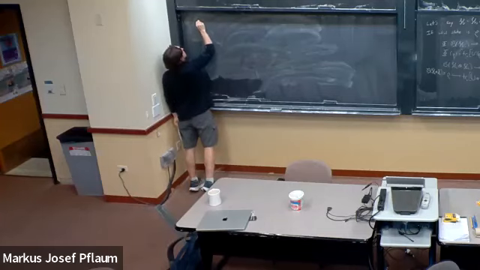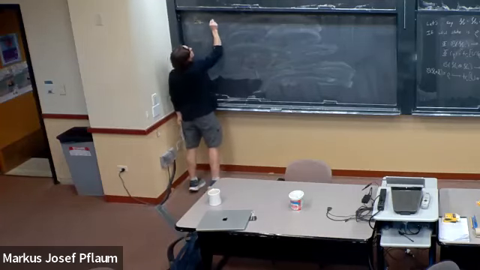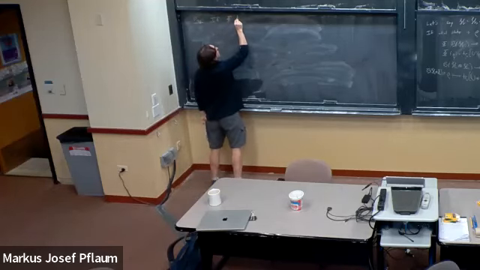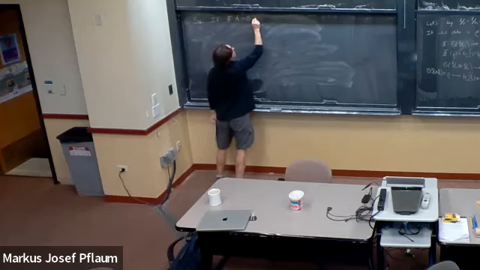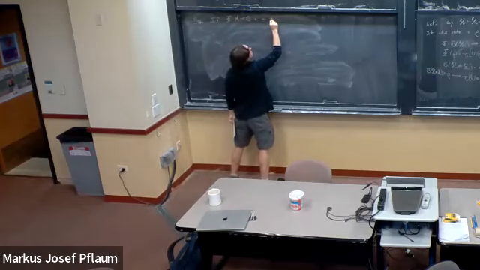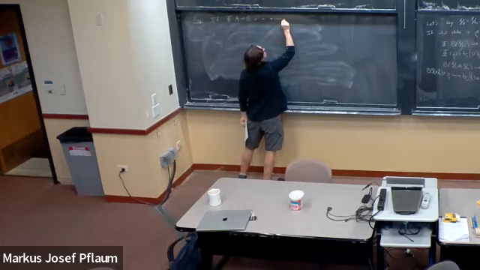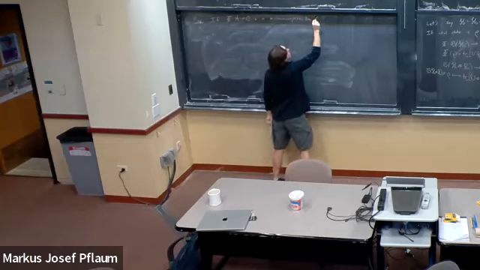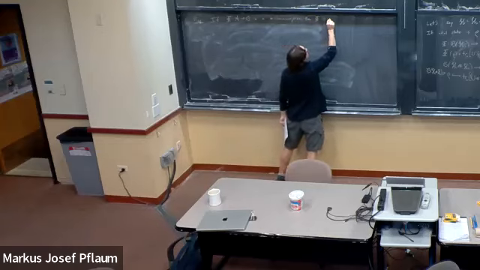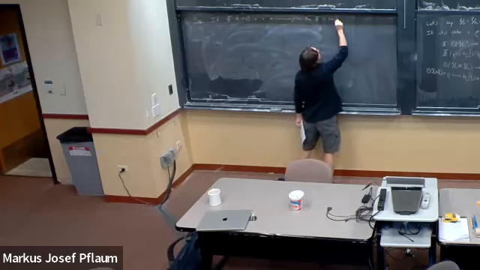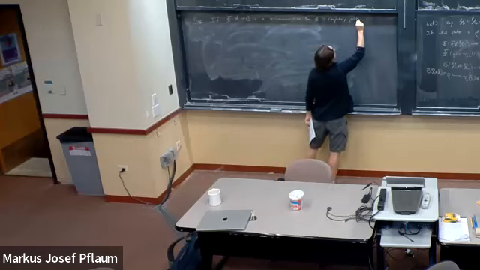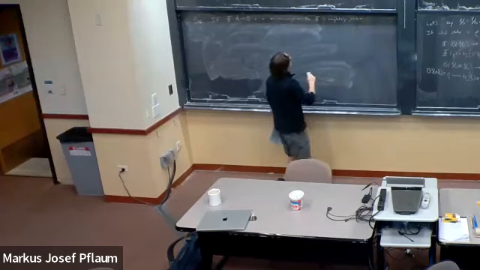Okay, so now examples of maps that are completely positive. Proposition: if phi is a star homomorphism, then phi is completely positive. Why?